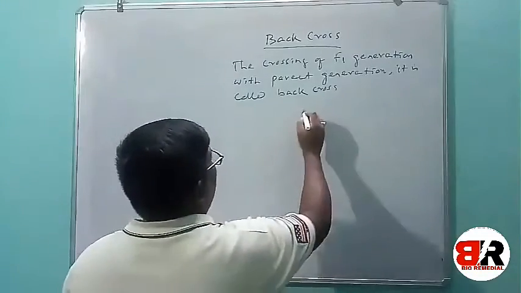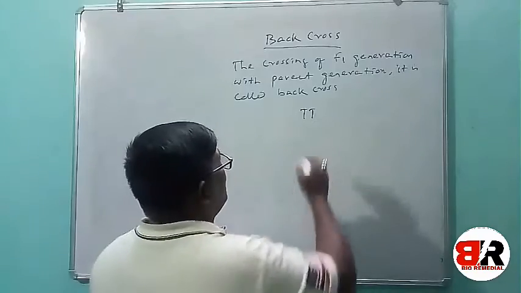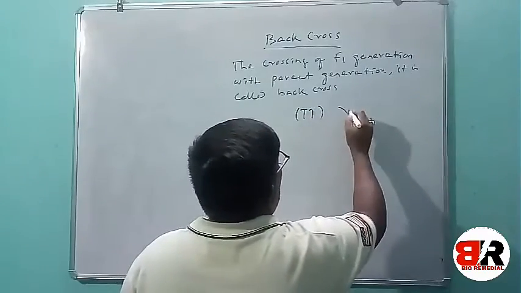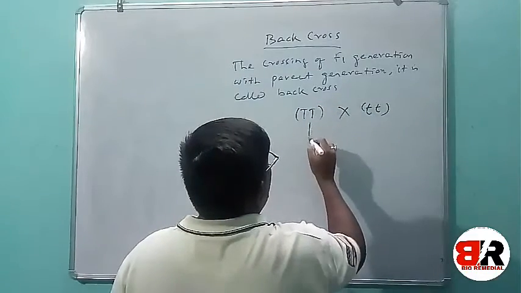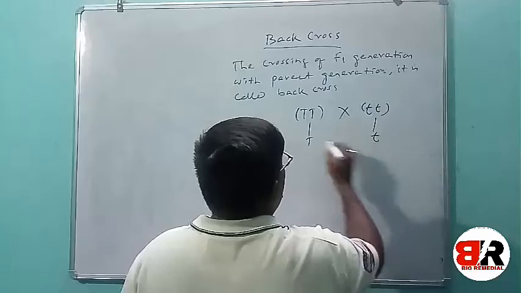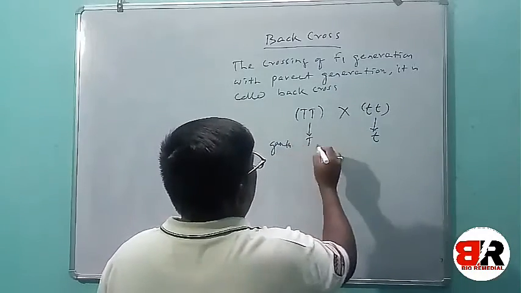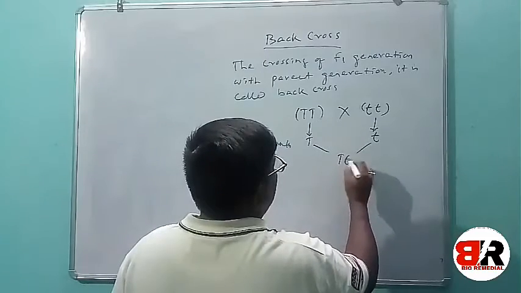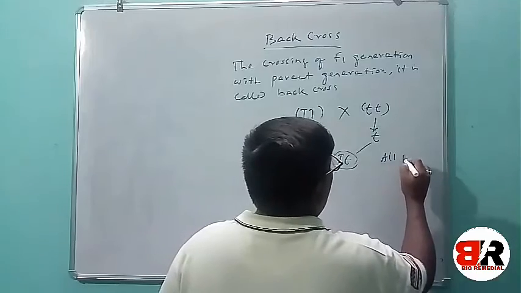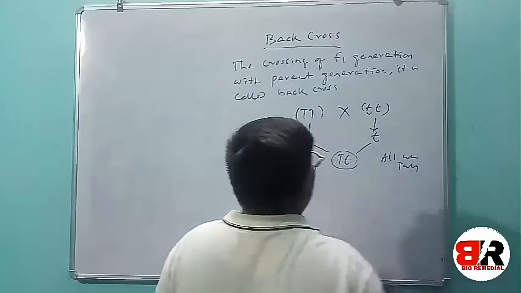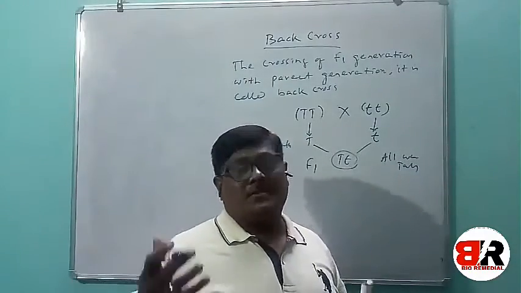For example, suppose according to Mendel's monohybrid cross, when a tall plant is crossed with a dwarf plant, then the gametes formed are T and t. Just as a reminder, in the F1 generation, all were tall, as per Mendel's experiments.